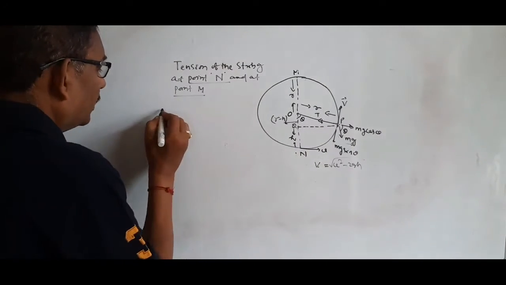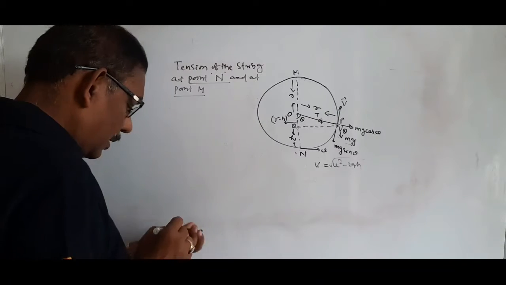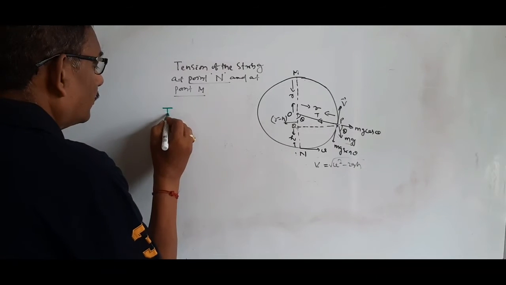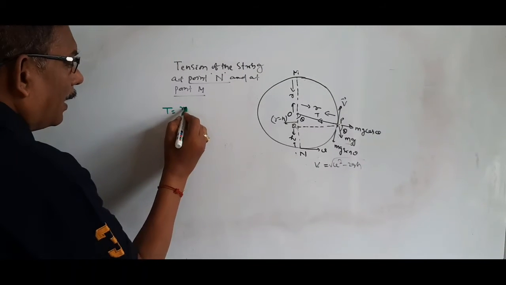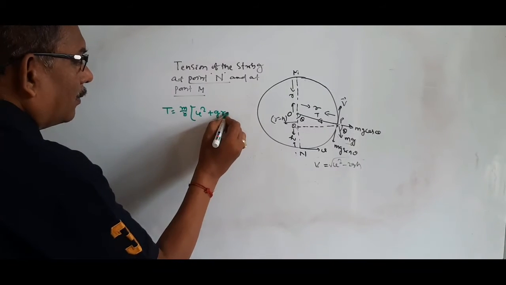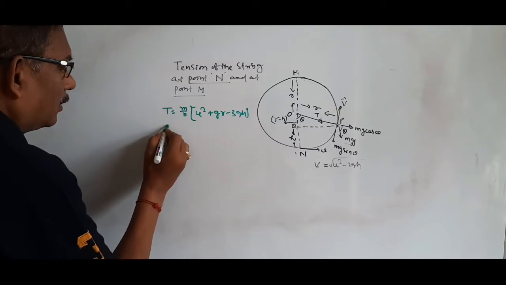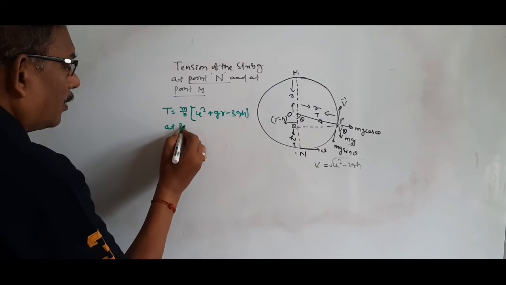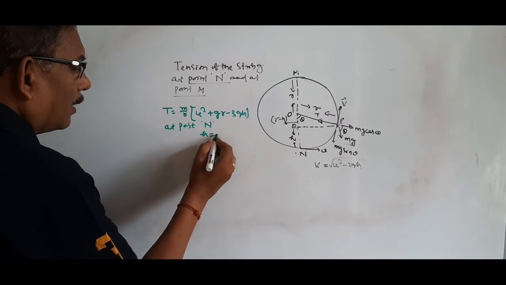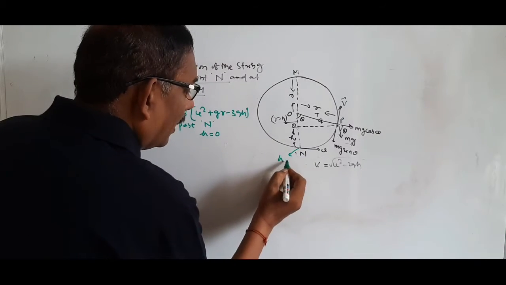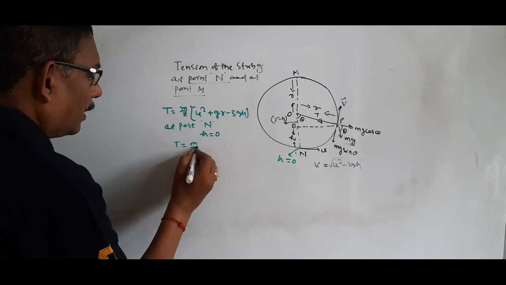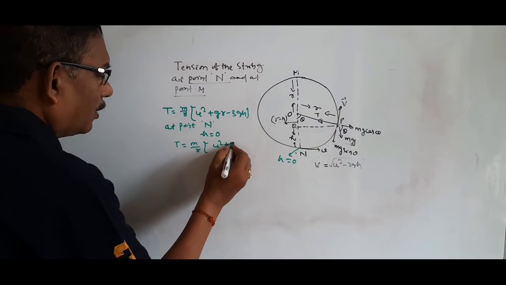At the lowest point, the tension equals m by r times u square plus gr minus 3gh. At point N, h equals 0, so the equation becomes T equals m by r times u square plus gr.